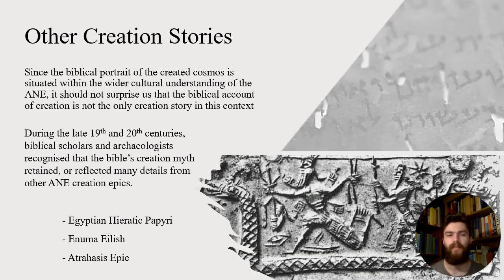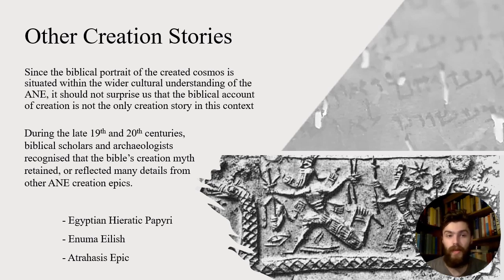Moving forward from that, since the biblical portrait of the cosmos is situated within this wider cultural understanding, and the cosmology of each of these cultures is similar, it shouldn't surprise us that the biblical account of creation has many similarities with other creation stories that come out of this context as well.